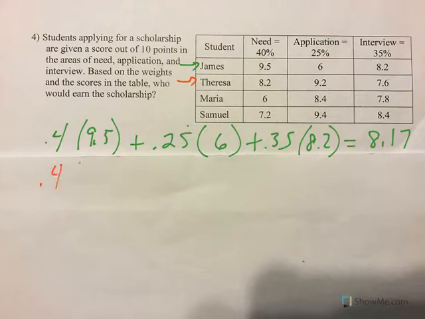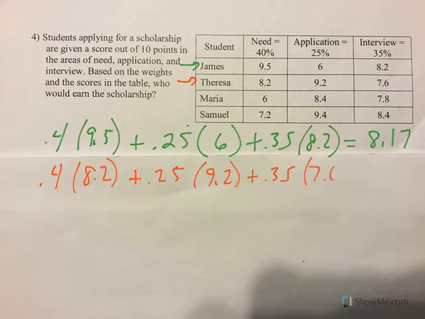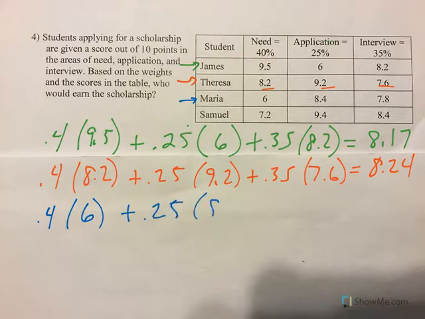Teresa, now the only thing we change is the value inside parentheses, right? The weights remain the same. So I just change the numbers in parentheses for whatever they are in the table, and Teresa's at an 8.24. Then we go to Maria. Again, the only thing that changes is the number inside the parentheses.